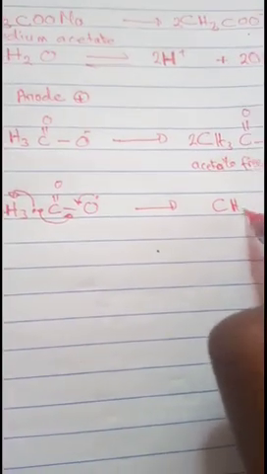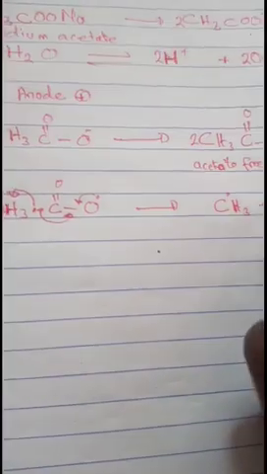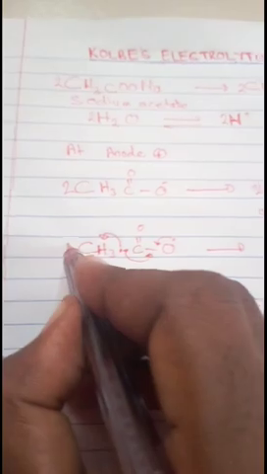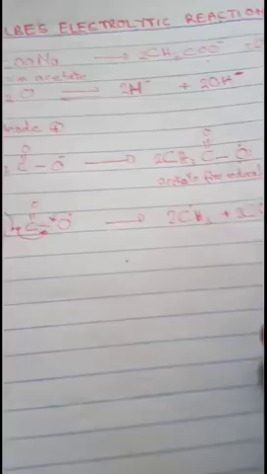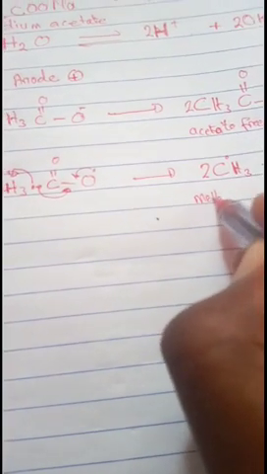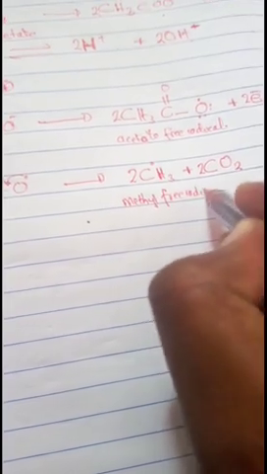Then we are going to see the product as CH3 free radical plus carbon dioxide. Remember we have used 2 moles, then 2 moles of carbon dioxide. Then these are called methyl free radical.